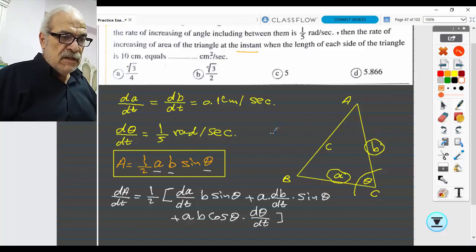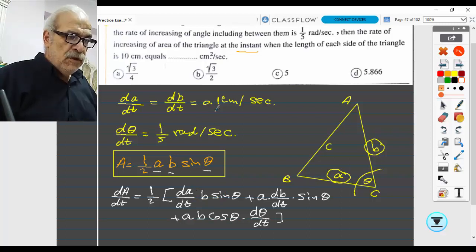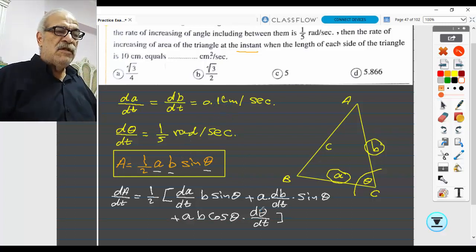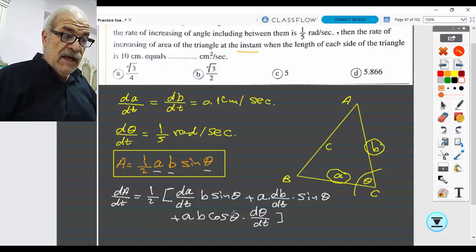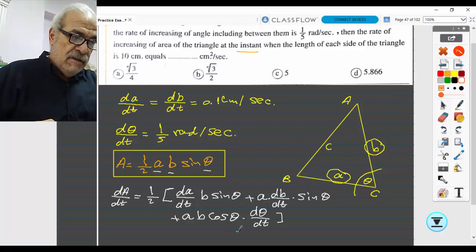So it is an equilateral triangle, and the theta will be 60, pi over 3, right? So we substitute dA/dt equals 0.1, dB/dt also 0.1. We substitute d theta/dt equals 1/5, and the theta equals 60 degrees. It is pi over 3.